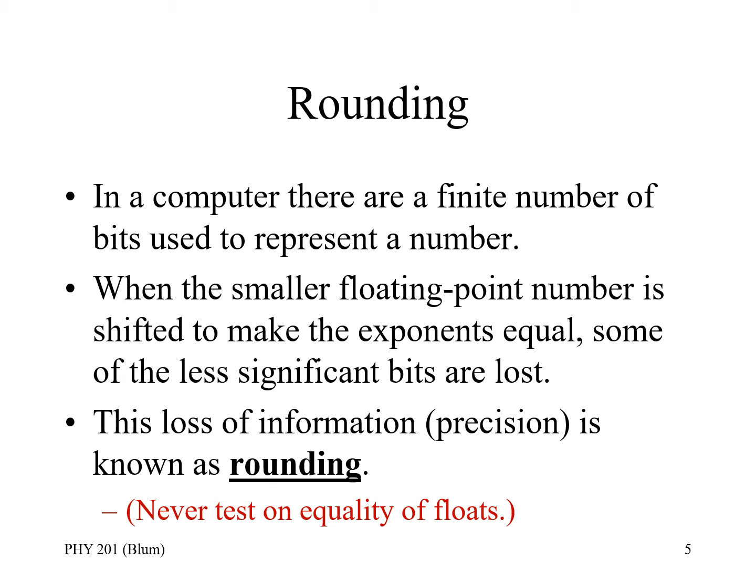You should know from your high-level programming language that you never should test on the equality of floats, and this is why: the simplest operation on a floating point number might cause there to be some rounding, and therefore what should in actuality be two equal floats could very easily, if one is rounded, no longer be equal. So it's never a good idea to test on equality of floats.